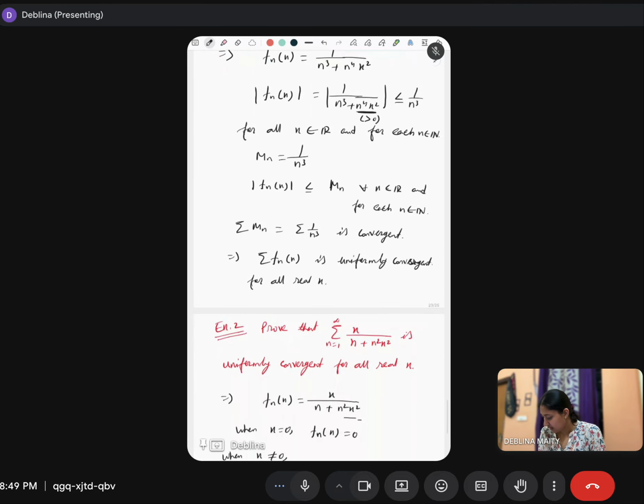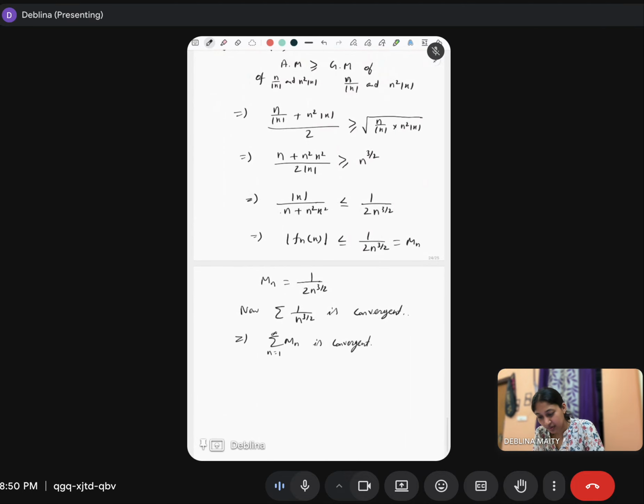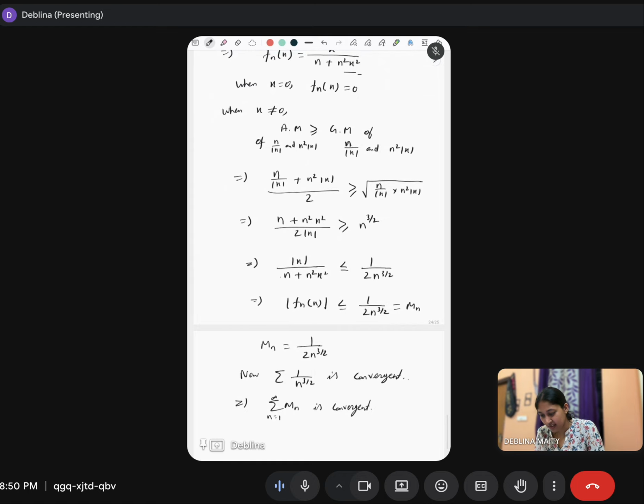Right? So therefore, for x non-zero this is true, for all x.